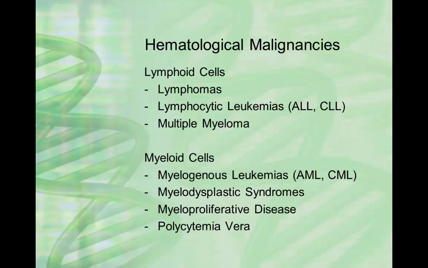Very important and very common, infection with viruses, such as Epstein-Barr virus or human T lymphotropic virus 1 or 2. Any chromosomal translocation, any pre-existing conditions such as immunodeficiency or patients that have chromosomal disorders such as Down syndrome or Fanconi anemia.